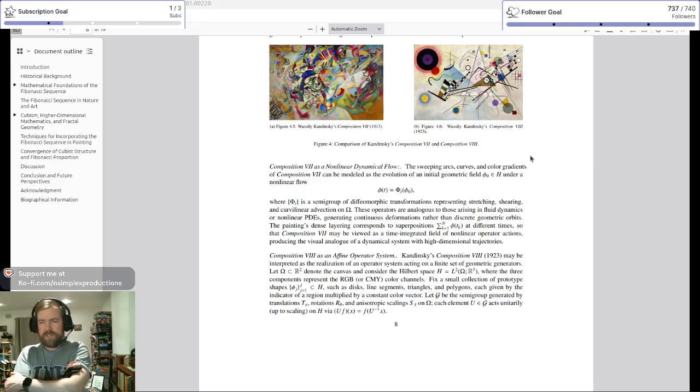Let G be the semigroup generated by translations T_a, rotations R_theta, and anisotropic scalings S_lambda on Omega. Each element U in G acts unitarily up to scaling on H via (Uf)(x) equals f(U inverse x).